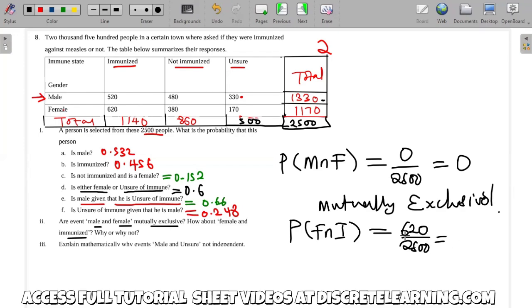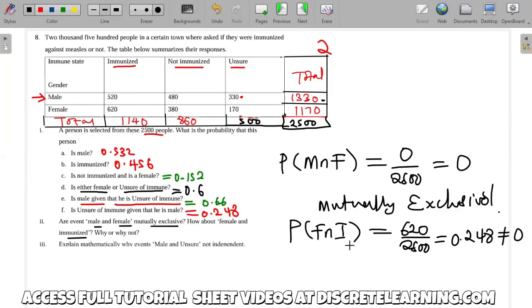And this is not going to be 0. So 620 divided by 2500, I'm going to get 0.248. And you see that this probability is not equal to 0.